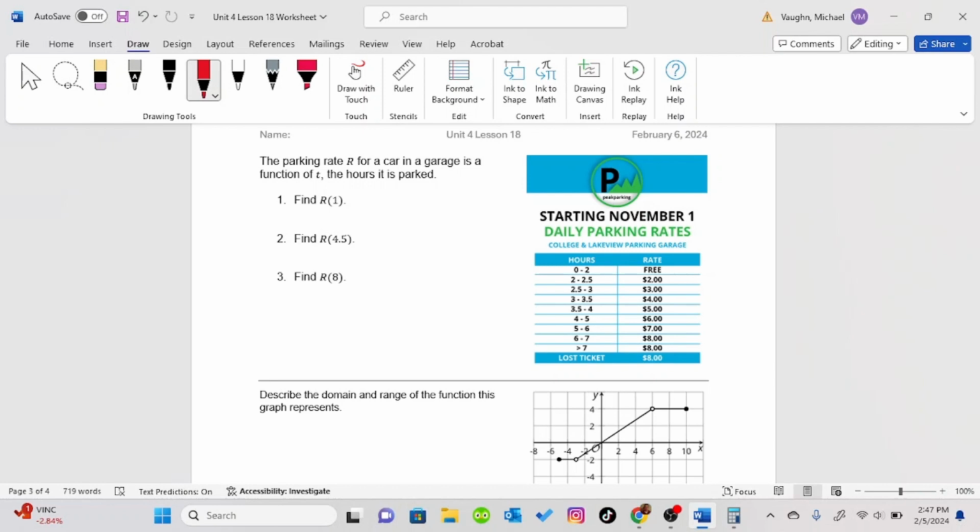So when we look at the table, this function would match the first time because 1 hour is between 0 and 2 hours. So my output is that this is free. So R of 1 equals free.